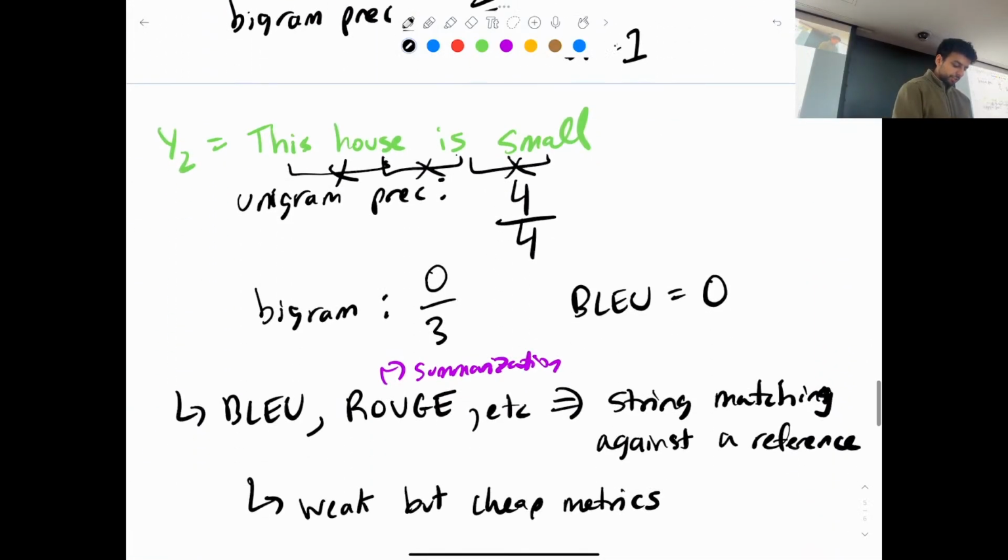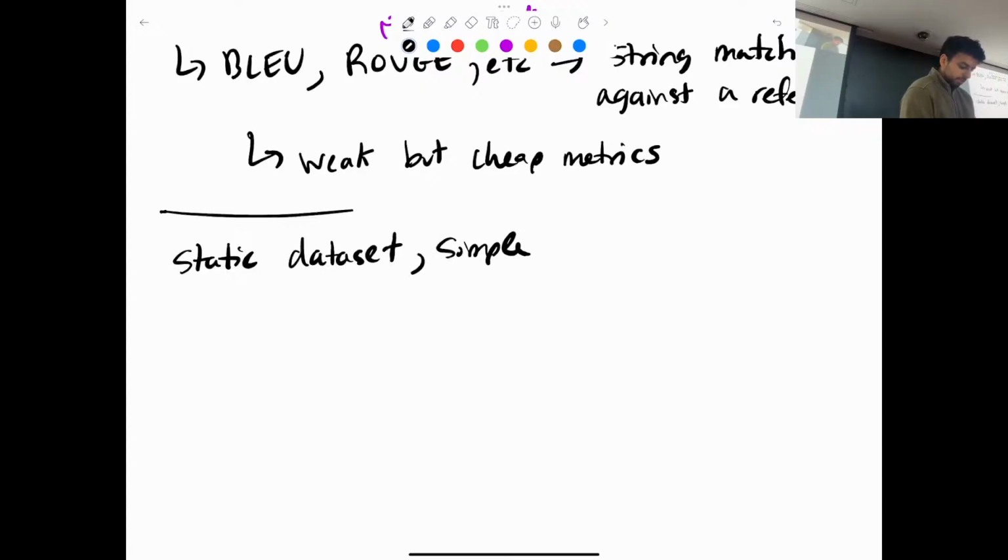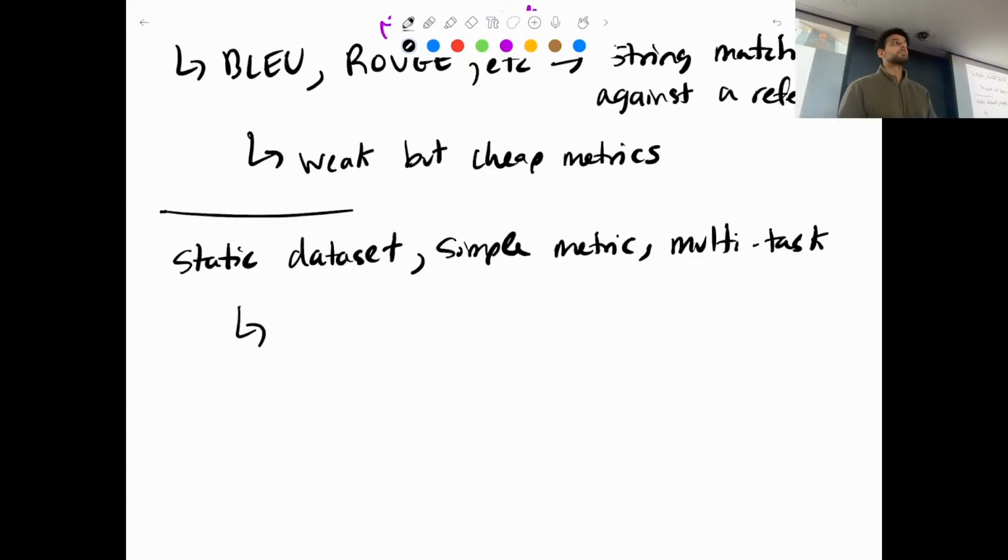Now let's move to a static data set, simple metric, multitask with a broad distribution here. So probably the best example of these are multiple choice kind of exams.